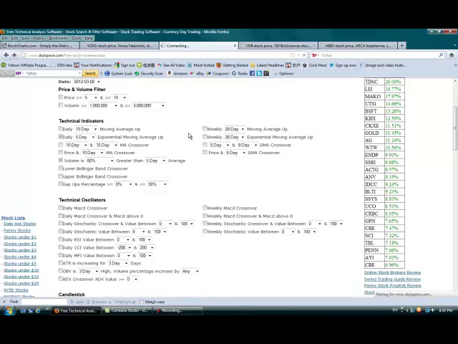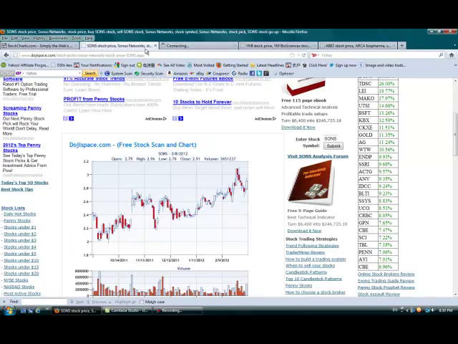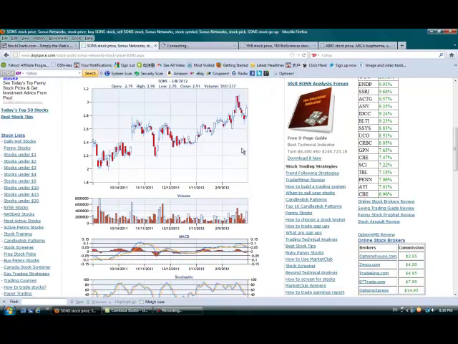Okay, while we are loading here, let's go back to the Sun that we analyzed before. Okay, so you see over here the bullish engulfing, and then if you buy the stock the next day, you'll get a nice gain here.